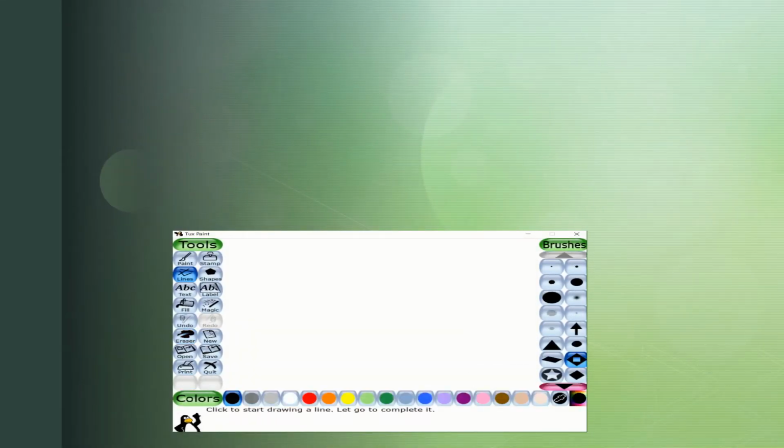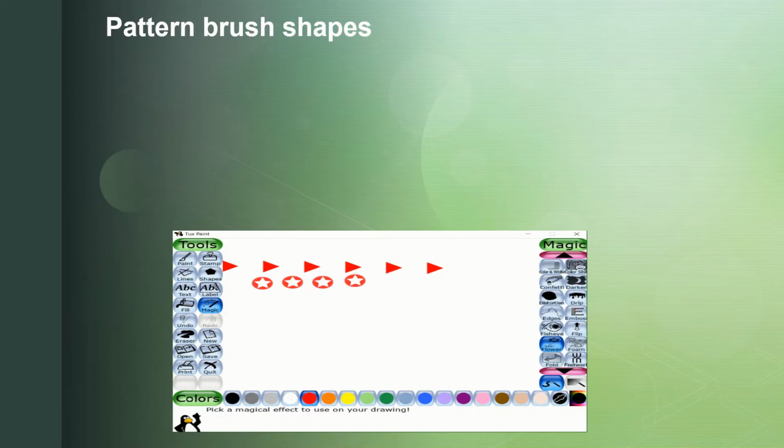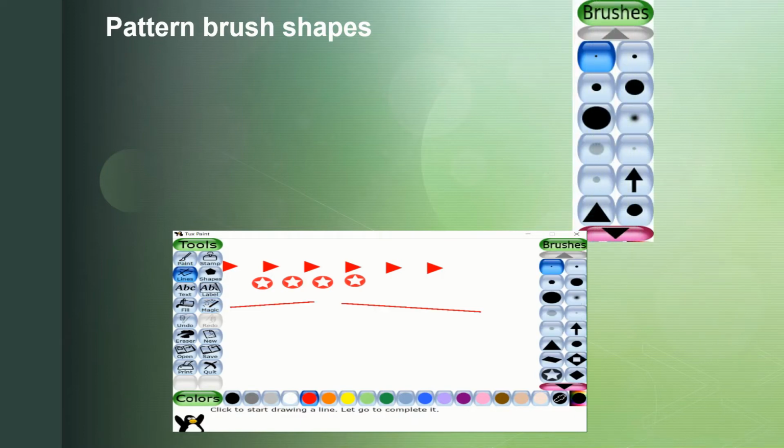Students, you can see on the screen, in the practical, the teacher has selected pattern brush shapes. With the help of different sizes of brush or design, the teacher has drawn the triangle and design of a star. With the help of line, the teacher has selected lines from the toolbox.